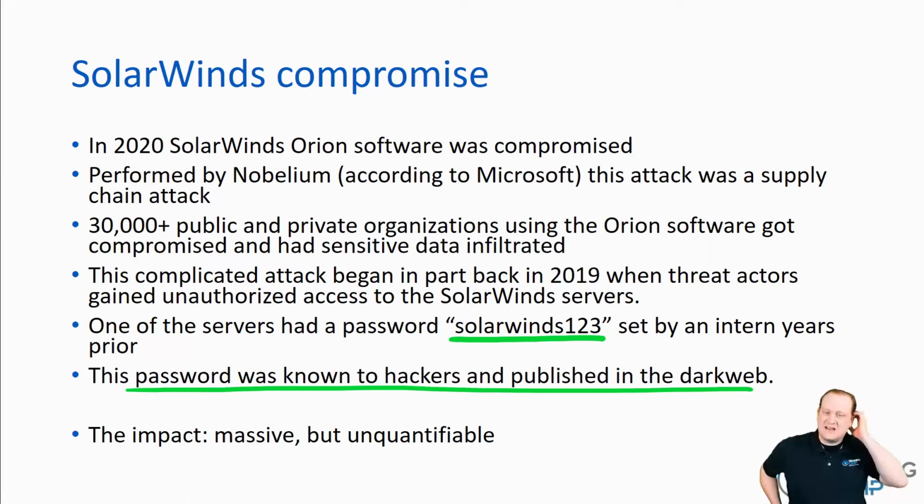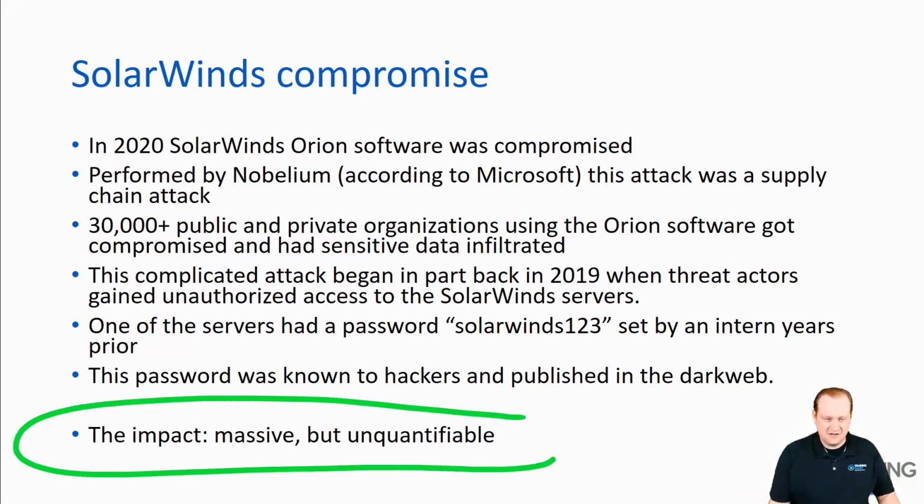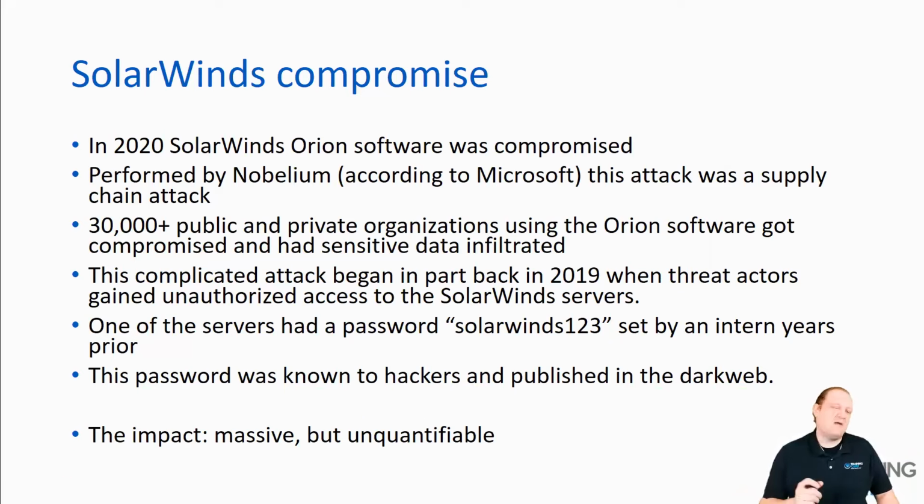The password sat like that for a long time until FireEye noticed something was wrong with the Orion software. And we're talking, again, 30,000 plus systems getting all their data stolen. The impact, massive. I can't even quantify it. This may be one of the largest hacks that ever happened. Could be, can't be sure. Yikes.